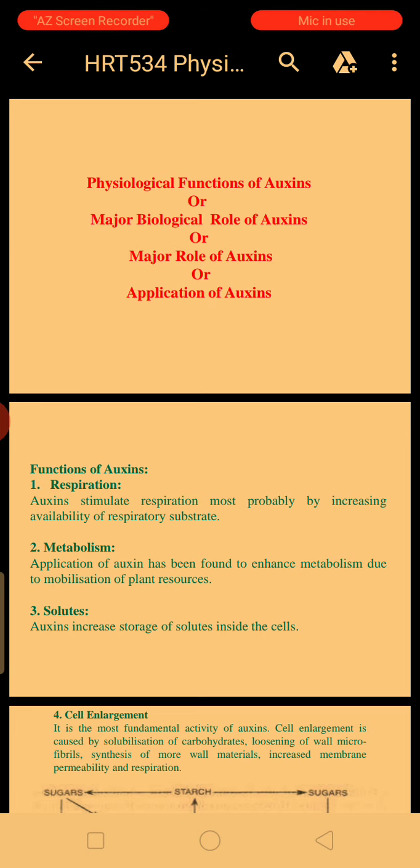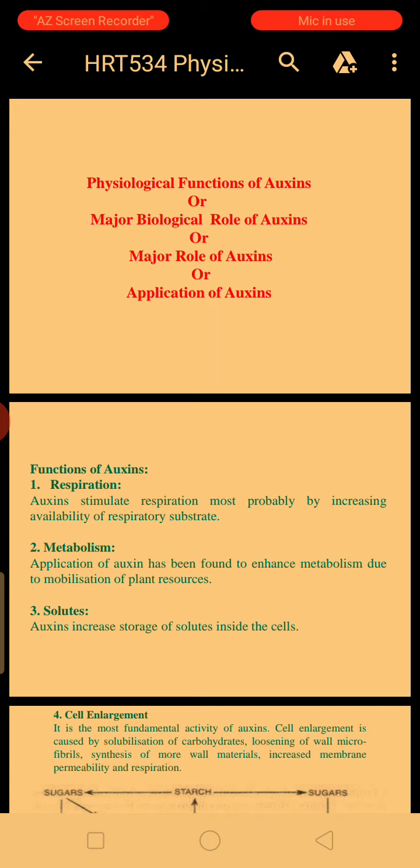Third, cell division. Oxygen alone can't increase cell division, but it will stimulate cell division in the presence of cytokinin. The major role of oxygen is the stimulation of cell division when the cytokinin concentration is a little bit more than the oxygen.